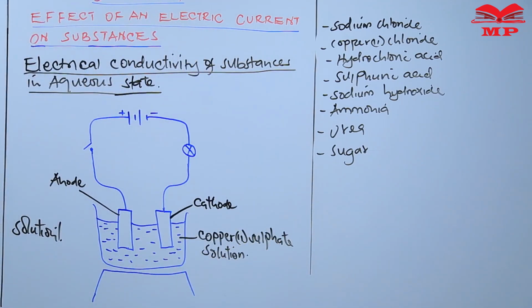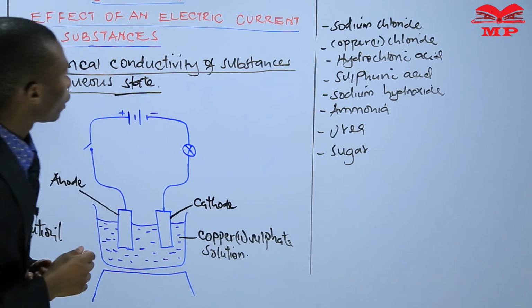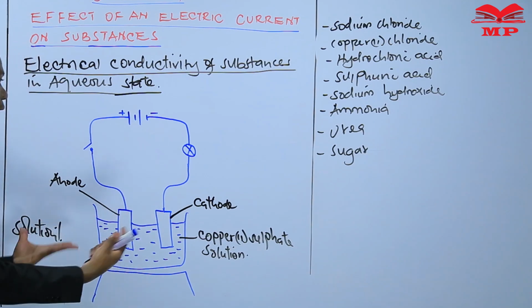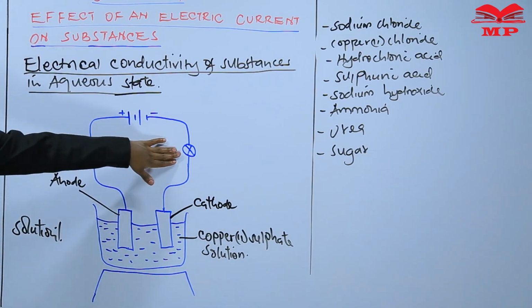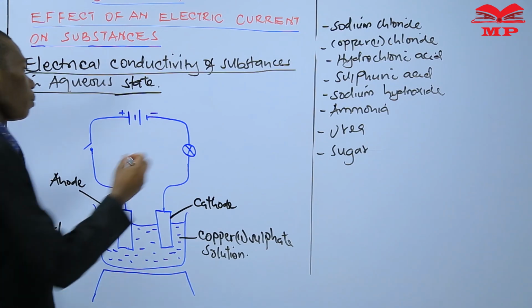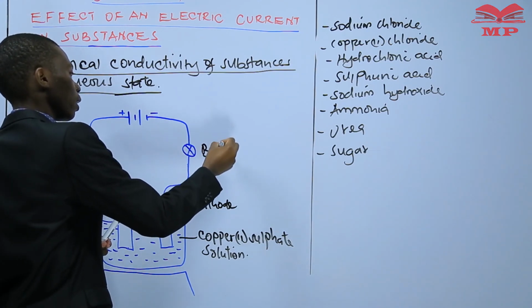Those substances can also be tested, or you can prepare solutions of those substances and test whether they are going to conduct electric current. And when they conduct electric current, then you expect that this bulb is going to light.